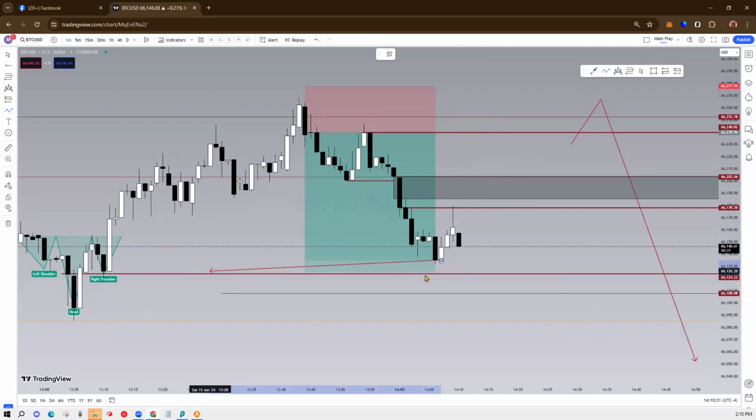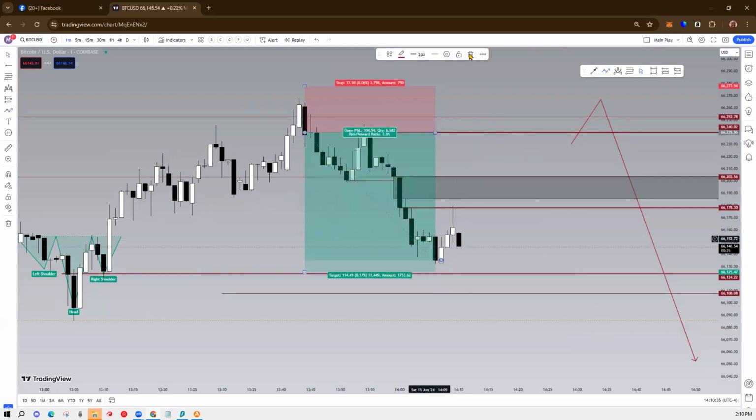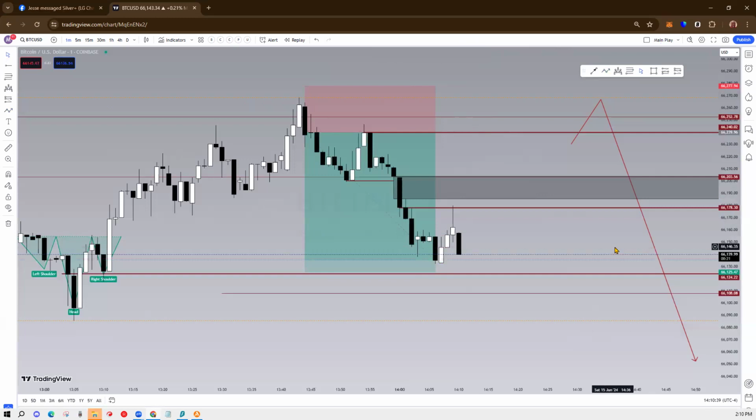The neckline. A bit more. A little bit more.